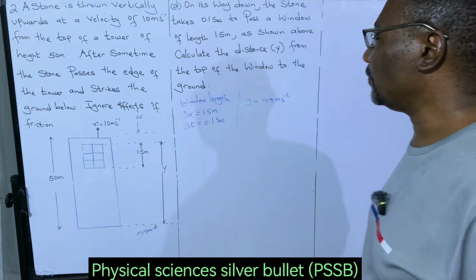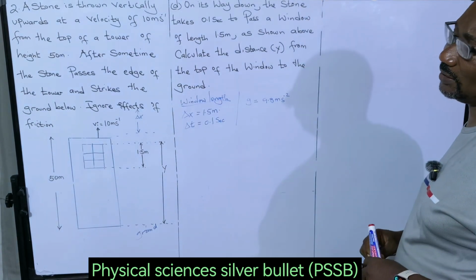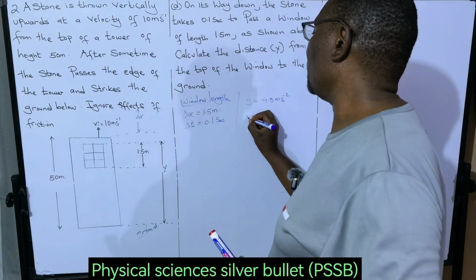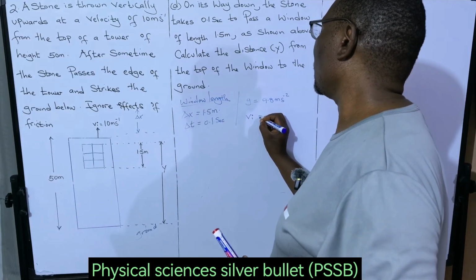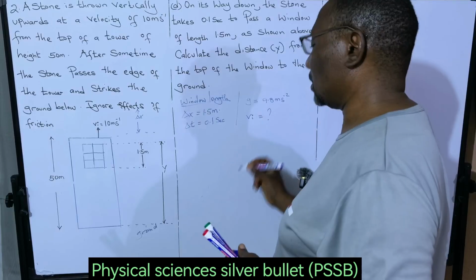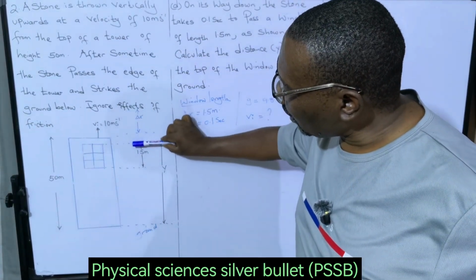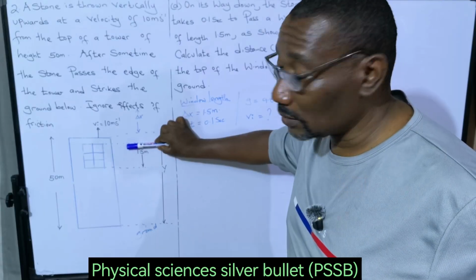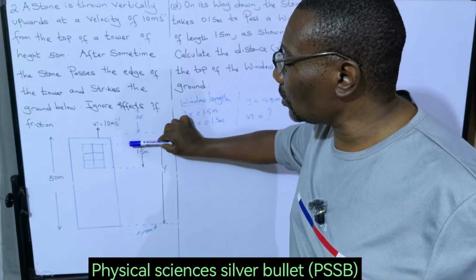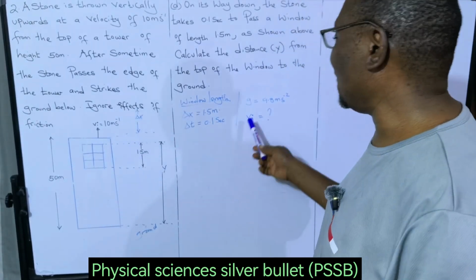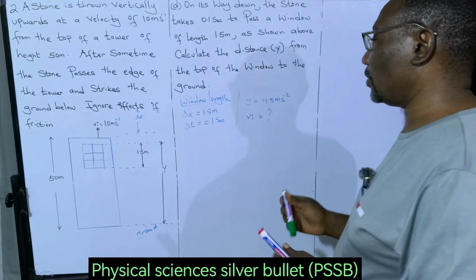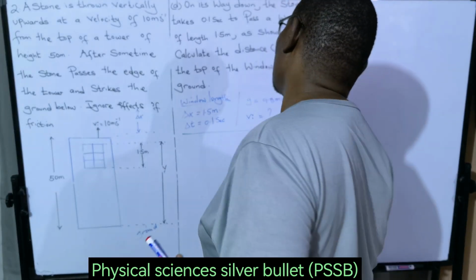With this information, what else can we determine? We can determine Vi. Vi is the initial velocity when the stone was here. So with this data, we go ahead and look for the right equation.